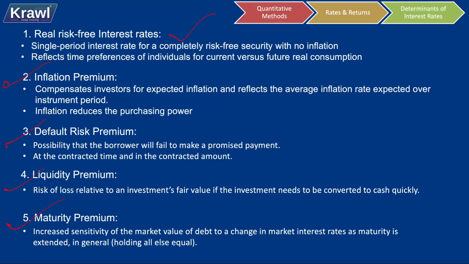Now, I want to highlight at this stage that these 4 different kinds of premiums that we add to the real risk-free interest rates are not an exhaustive structure. There could be situations where you might need to top this up with something else. And there are situations which we'll be discussing in subsequent sessions, where you might need to have different premiums because, as a lender or investor, you expect something more, and there are valid reasons for that.